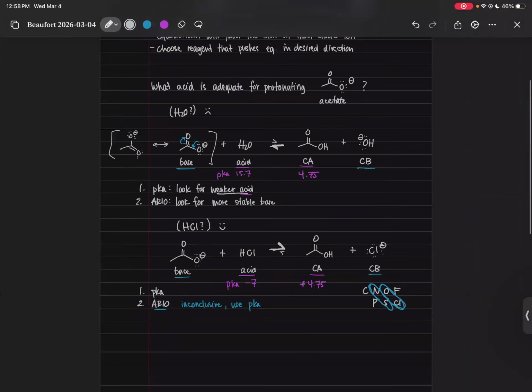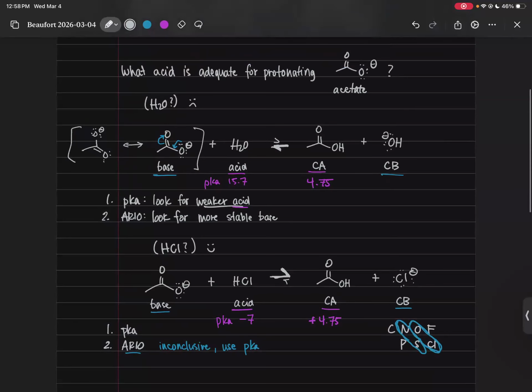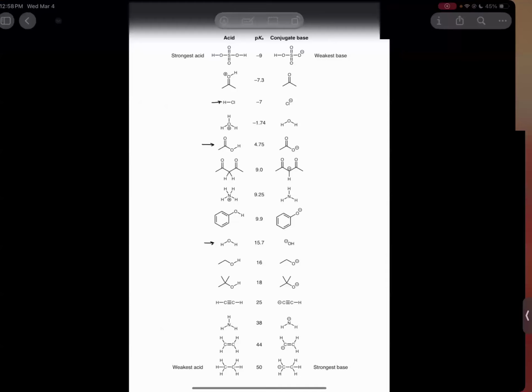So if we went in the lab and we have a sample of acetate and we want to protonate it to make acetic acid, HCl would work. It's got a lower pKa, and this is sort of the fast way to do it. It's got a lower pKa than acetic acid, but water does not. And so really we can just look at the conjugate acid of our base, acetate, say, okay, that's 4.75, and all we need is an acid that's got a lower pKa than 4.75.